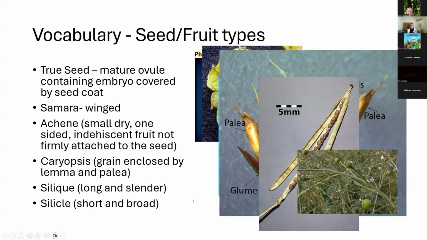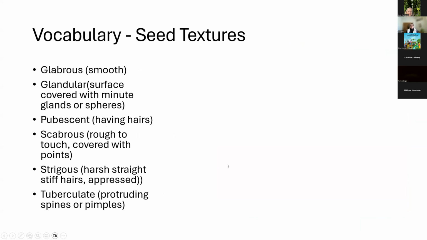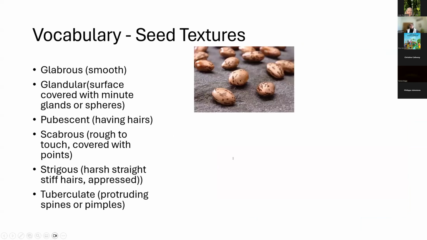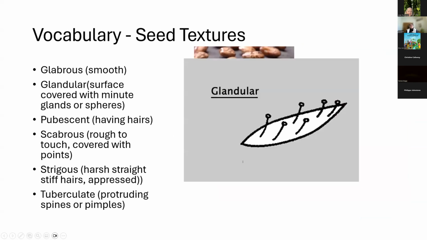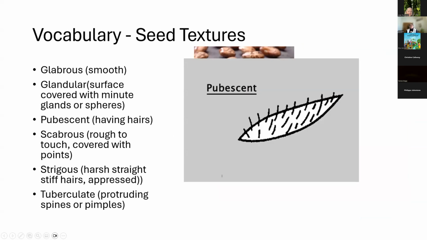So again, these are botanical terms that some of you may be very familiar with, and we use these to help us distinguish one seed from another, as well as textures. There's so much beauty in the world of seeds. They're smooth. They may be glandular with these minute little glands or spheres on them. They may have hairs or pubescence.